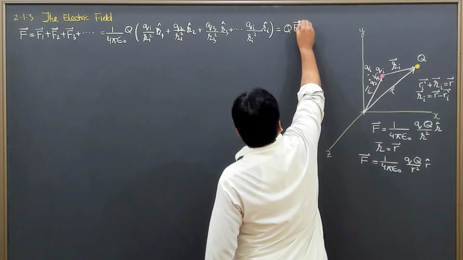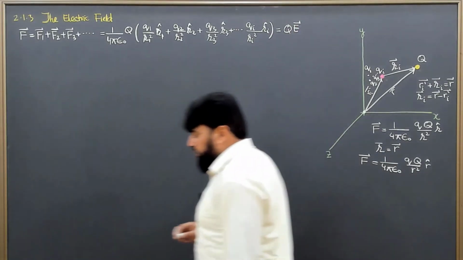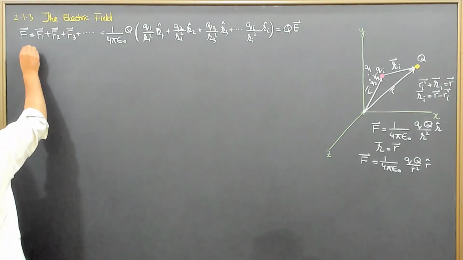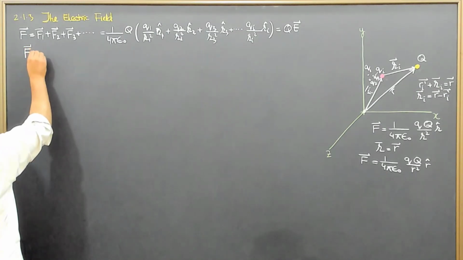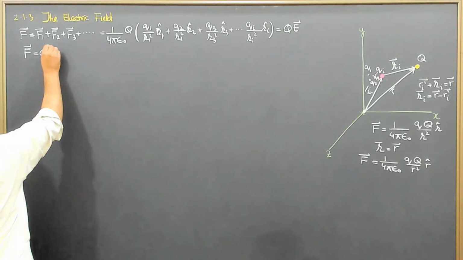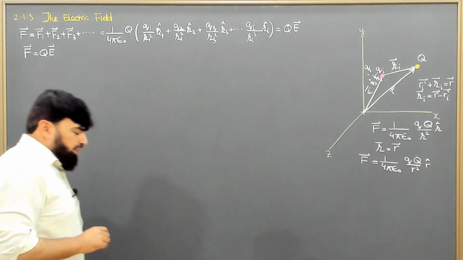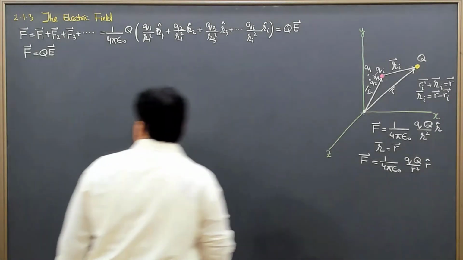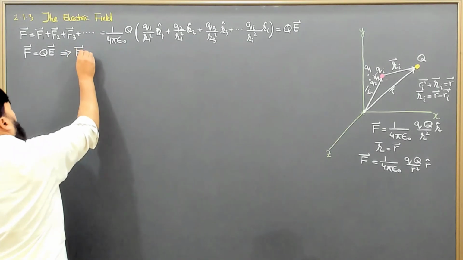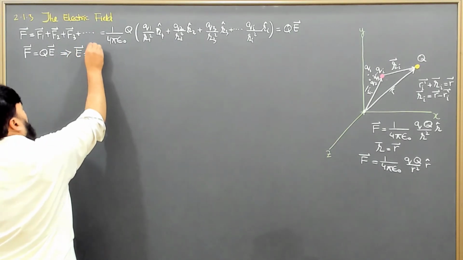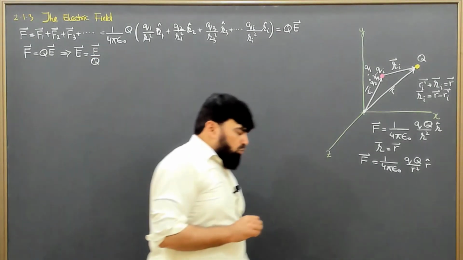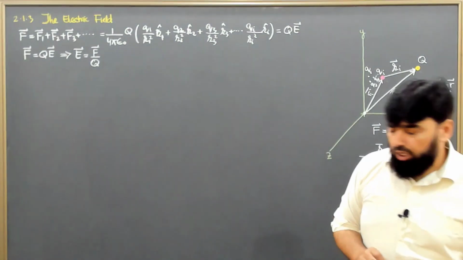Now whenever we have a source, then that source will have a field, and that field will exert a force which is equal to the test charge times the electric field. In other words, I can write that electric field is equal to force over charge, the force per unit charge.